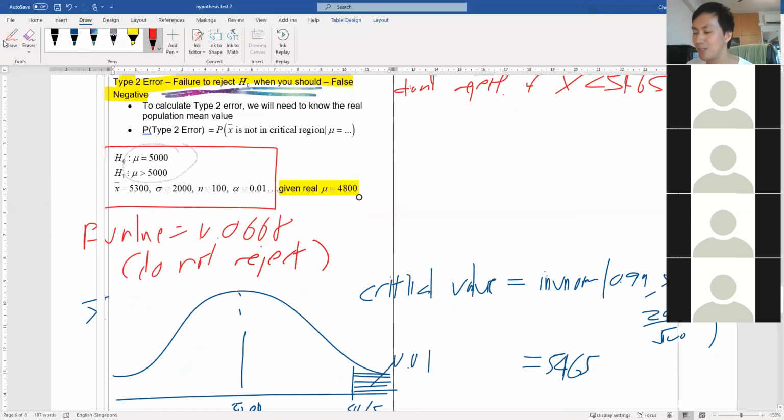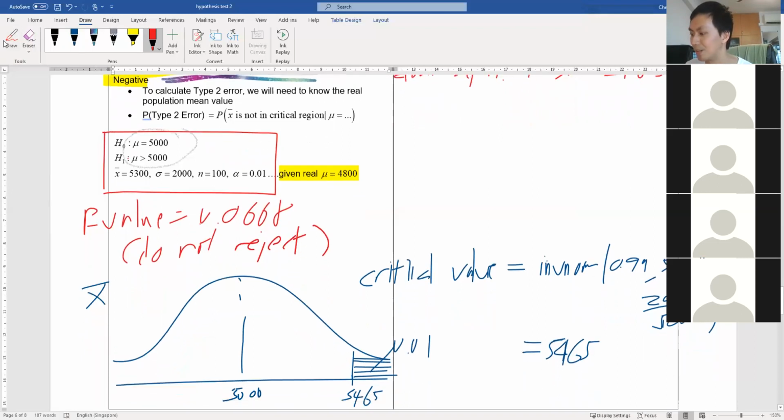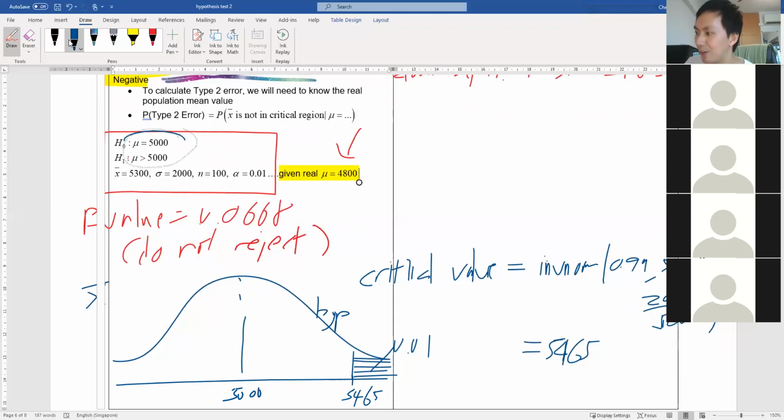Because to make a type 2 error means you must not reject in the first place. So now the question adds by telling you, hey, your mu was actually wrong. The actual mu is 4,800. So the bell curve is not centered at 5,000. The actual curve is centered at 4,800. This blue curve here is the hypothesized one, because you hypothesized 5,000.